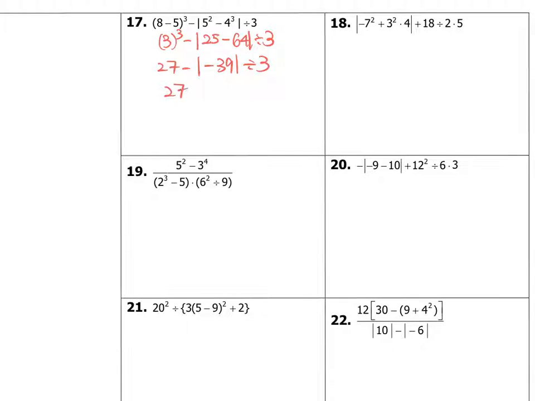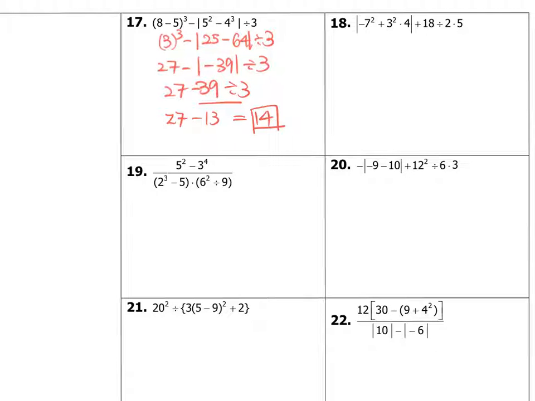So here again, having the absolute value, that negative 39 comes out to be positive 39, and then I write down the rest of it that I haven't touched, which is divided by 3. So next thing I do is the division. 27 minus 13. So my final answer is 14. Okay? So that one has a lot of steps. Take a look at 18 on your own.